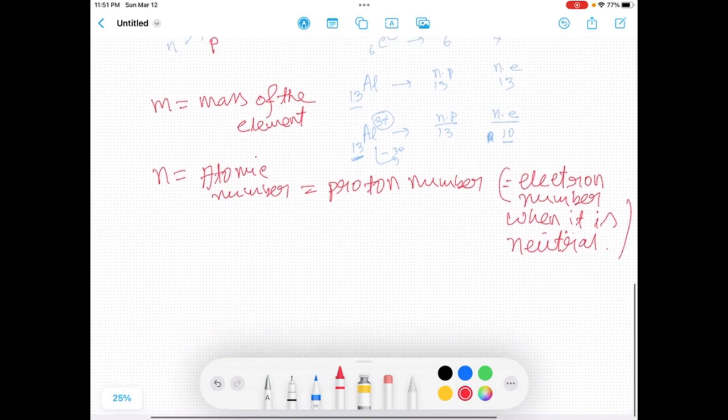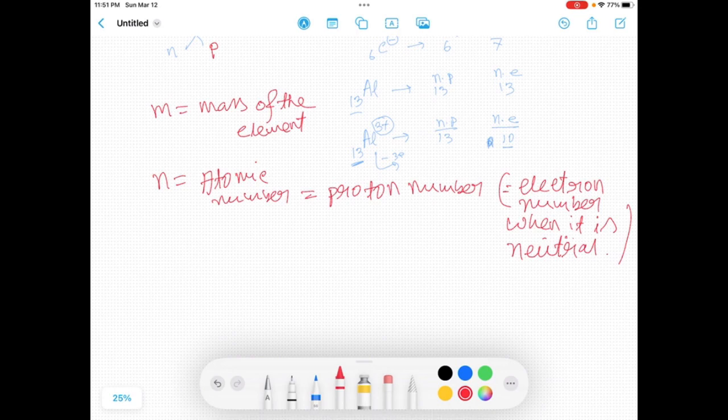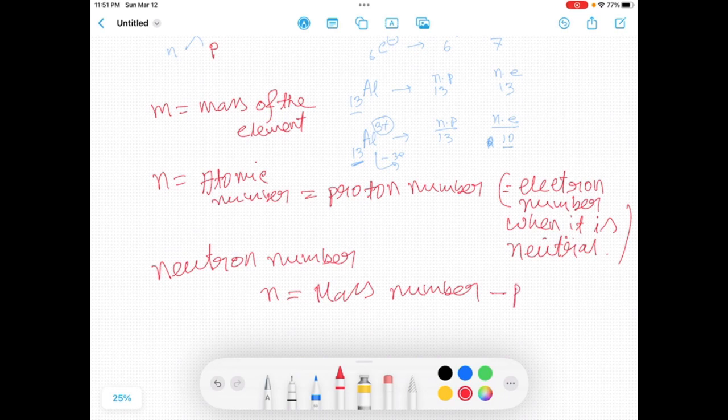Okay, now another thing I mentioned, the neutron number. Neutron number is defined as N and its charge is 0. So the neutron number will be the mass number minus the proton number.